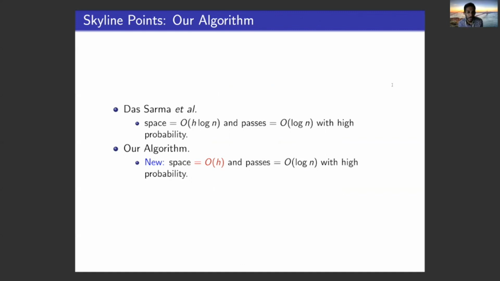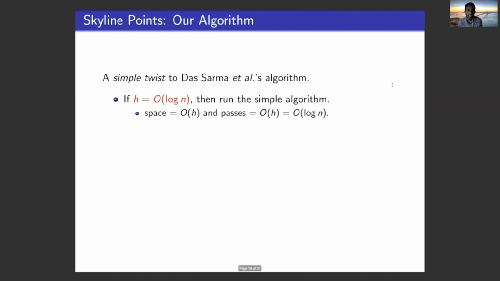Okay, so what is our algorithm? It's actually a very simple twist to Das Sarma et al.'s algorithm. Before that, there are two cases to our algorithm. This is the first case, which is shown here, which says if the number of skyline points is very small, that is h is just order of log n, then we don't have to do anything fancy.